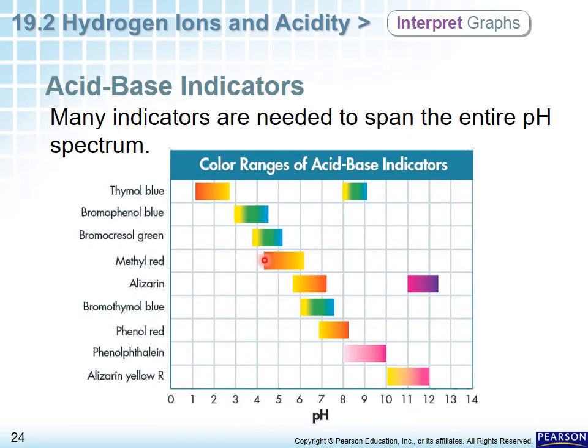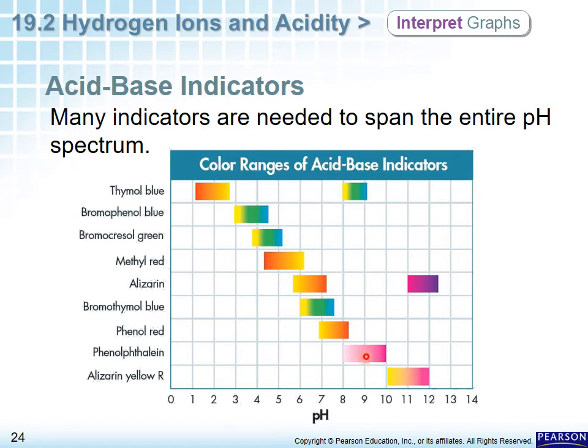Now you can see here, many indicators are needed to span the entire pH spectrum. The most common indicator is phenolphthalein. So you can see where it is in this range. The pH is 8 to 10 and the color is pink. Okay, so you can see this is the base form.